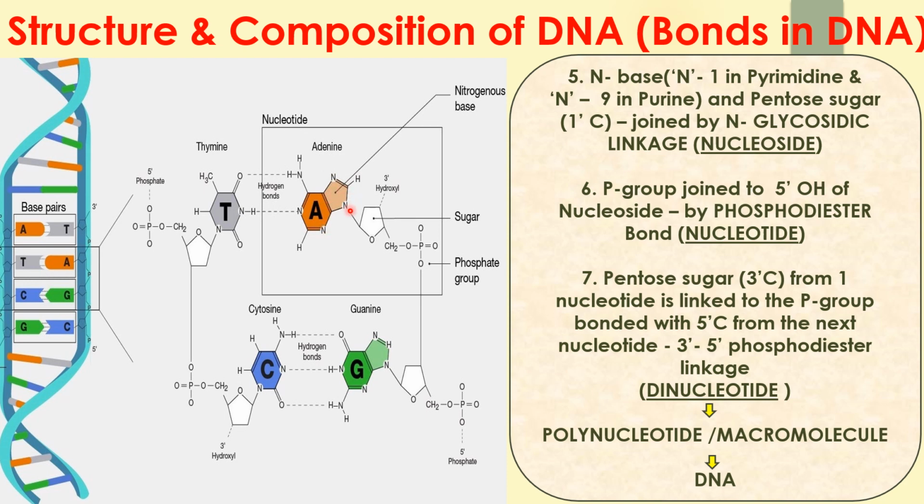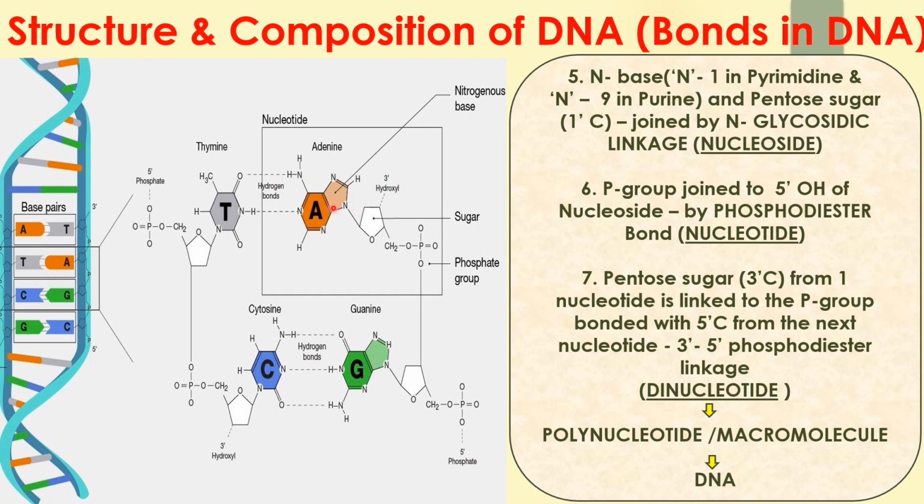So now, this is again linked to the pentose sugar. How? N9 in purine, adenine, is linked to the pentose sugar. This is the N-glycosidic linkage, as you can see it. Let's number it: 1, 2, 3, 4, 5, 6, 7, 8, 9.